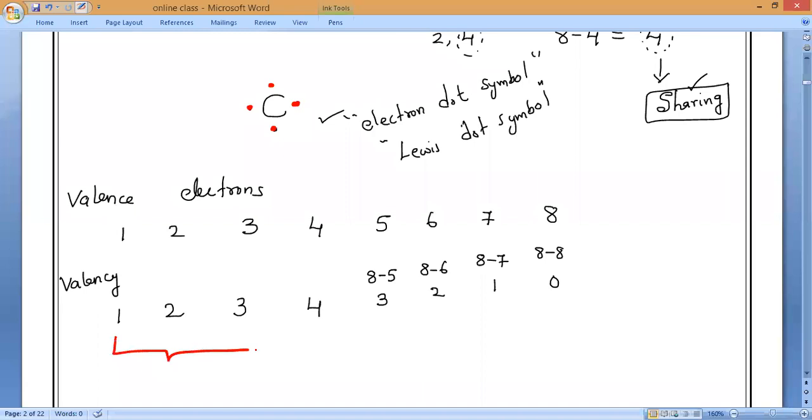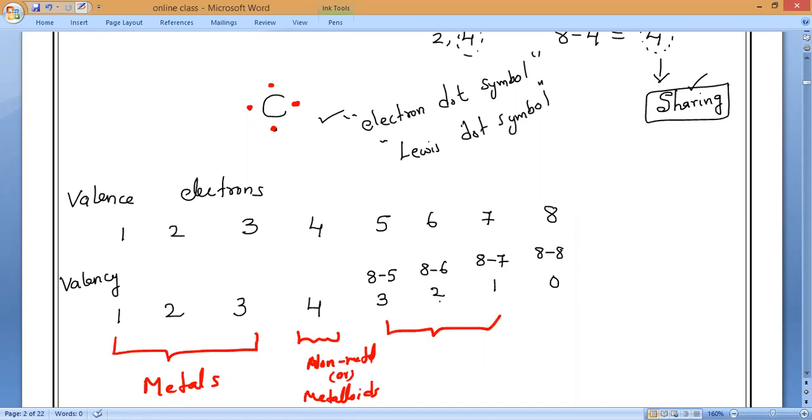Now, 1, 2, 3, what are they called? Metals. This one may be non-metals, or maybe metalloids. Metalloids means silicon, you can take as an example, and non-metals means carbon, you can take as an example. Next, this one, what is that? Non-metals.